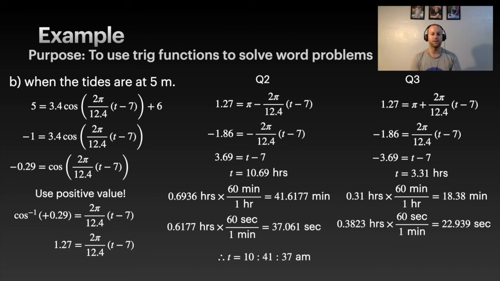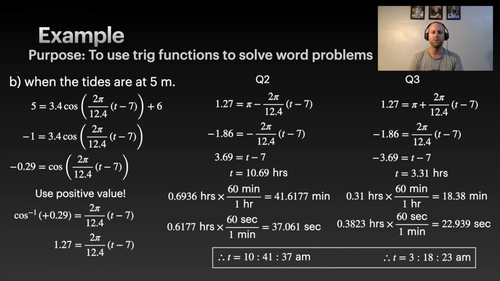So my overall time, I take the whole numbers. The original is 3 hours, 18 minutes, 23 seconds. I can round that seconds up. These are the 2 times that the tide is at 5 meters.